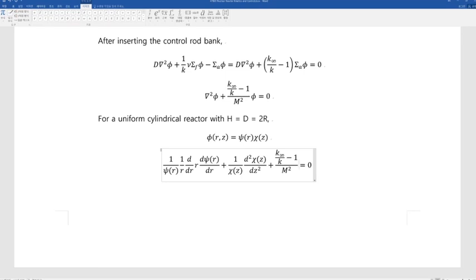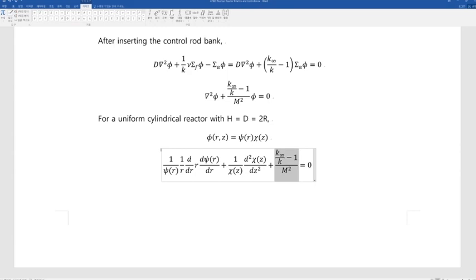And I hope you also remember how we solve this equation. The first term is only dependent on r, the second term is only dependent on z, and the last term is simply a constant.